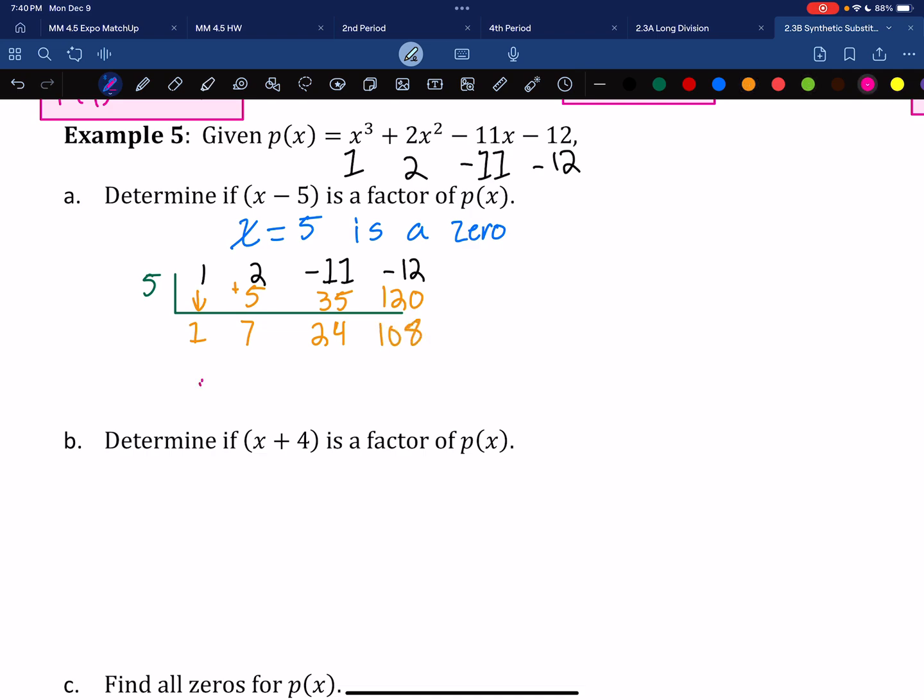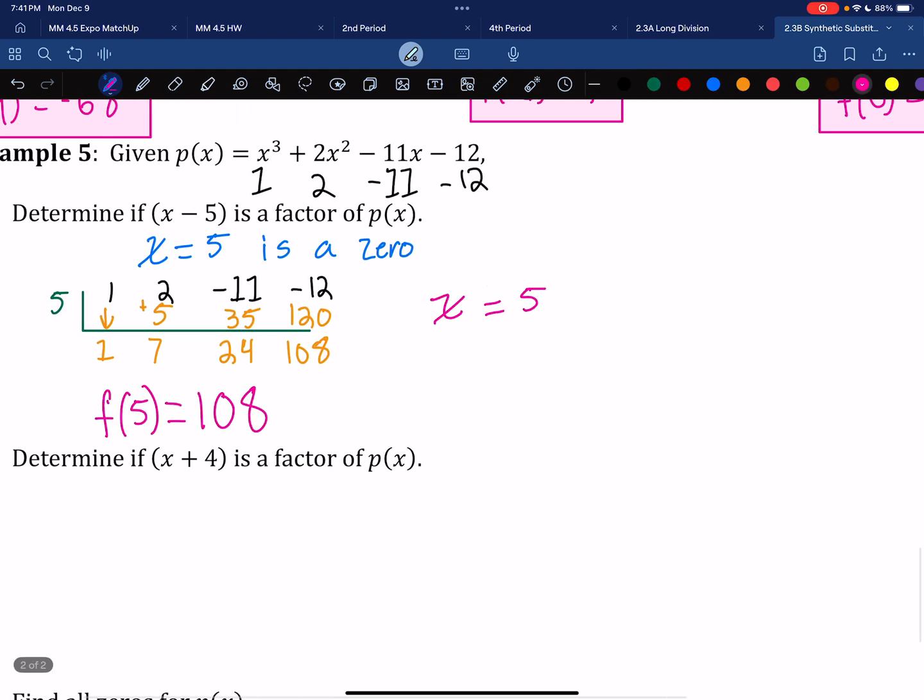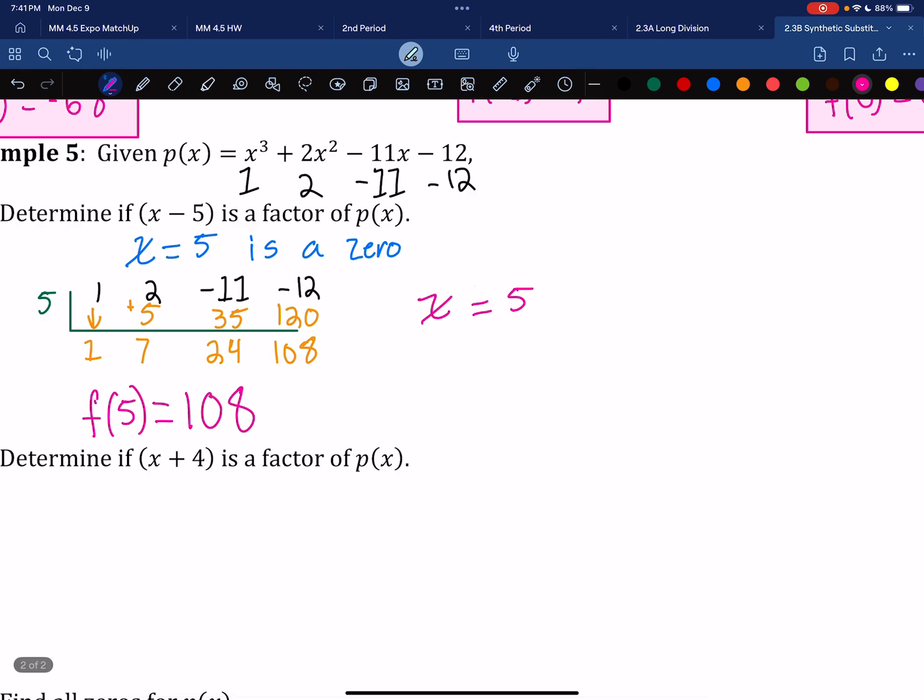So that means that f of 5 equals 108. Okay? So since f of 5 did not equal 0, that means that x equals 5 is not a 0. We're going to write it as f of 5 does not equal 0.